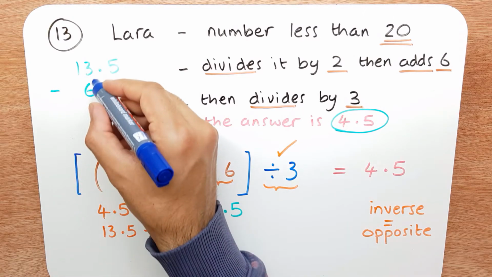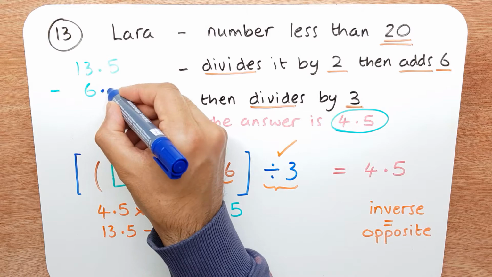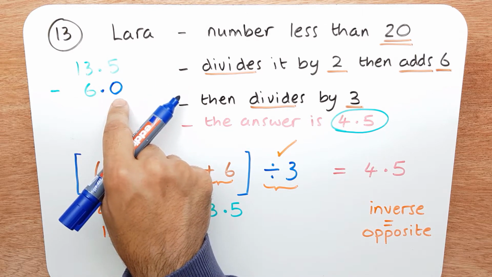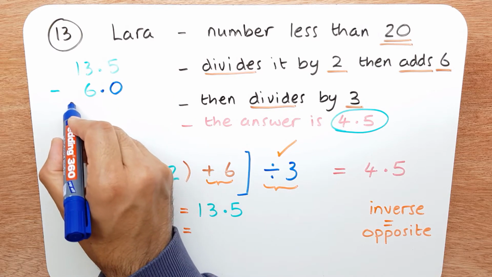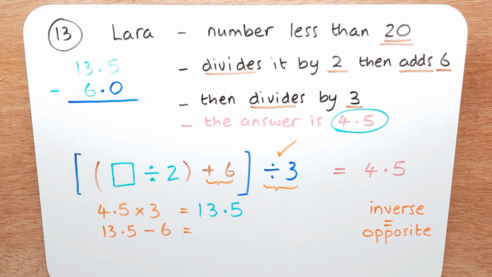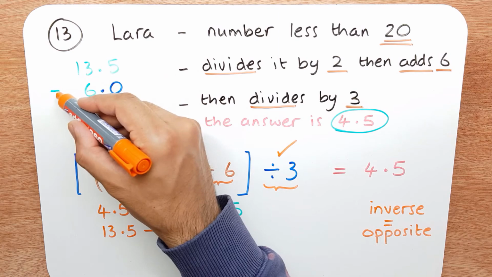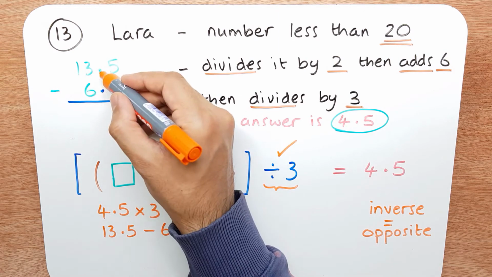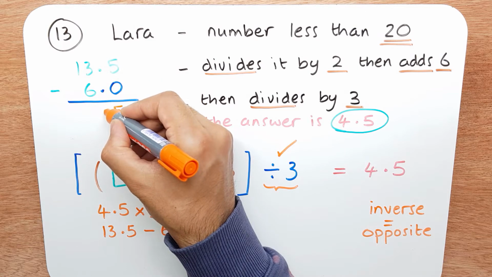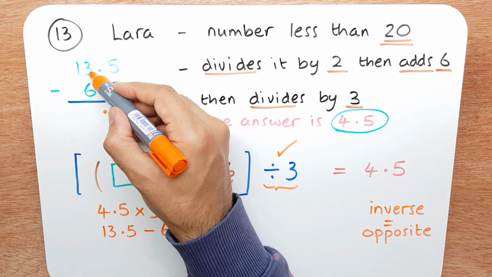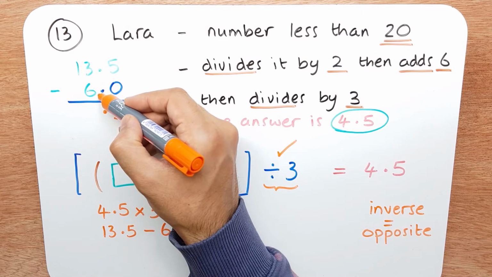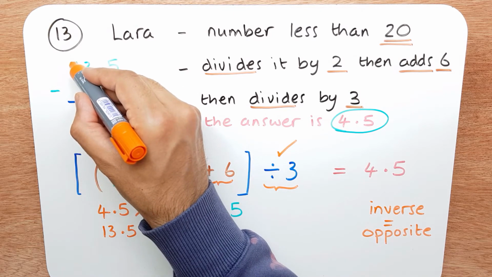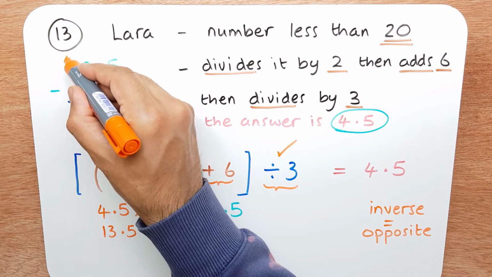Now I have to be careful. I've got a decimal point there and a helper here. This makes it much easier to do the calculation without making silly mistakes. 5 take away 0 is 5. Very carefully bring the decimal point down. 3 take away 6. I can't do that. I've not got enough. So what I do is I go to my neighbour, borrow 1, so that becomes a 0.